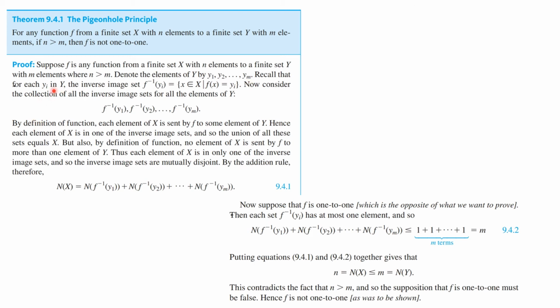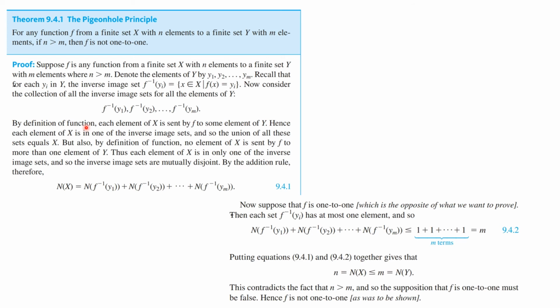For each y sub i in Y, the inverse image of y sub i is the set of x, an element of X, such that f of x equals y sub i. This goes back to our discussions about functions and inverse images. And so we have these inverse image sets, and this is the collection of all those sets: the inverse of f for y sub 1, y sub 2, all the way up to y sub m.